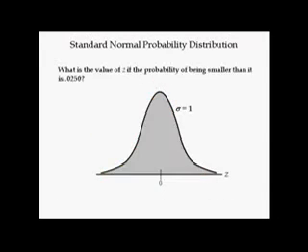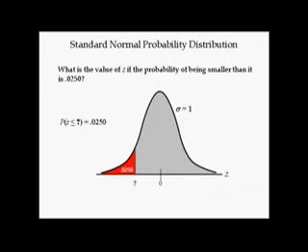What is the value of z if the probability of being smaller than it is equal to 0.0250? In statistics, we write it as the following. The probability of z less than or equal to question mark equals 0.0250.